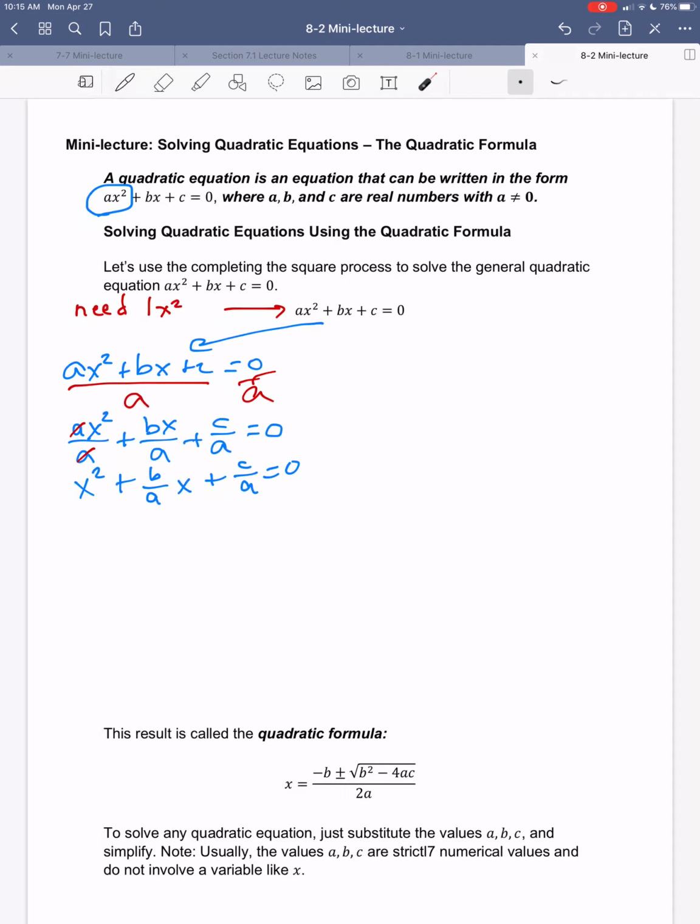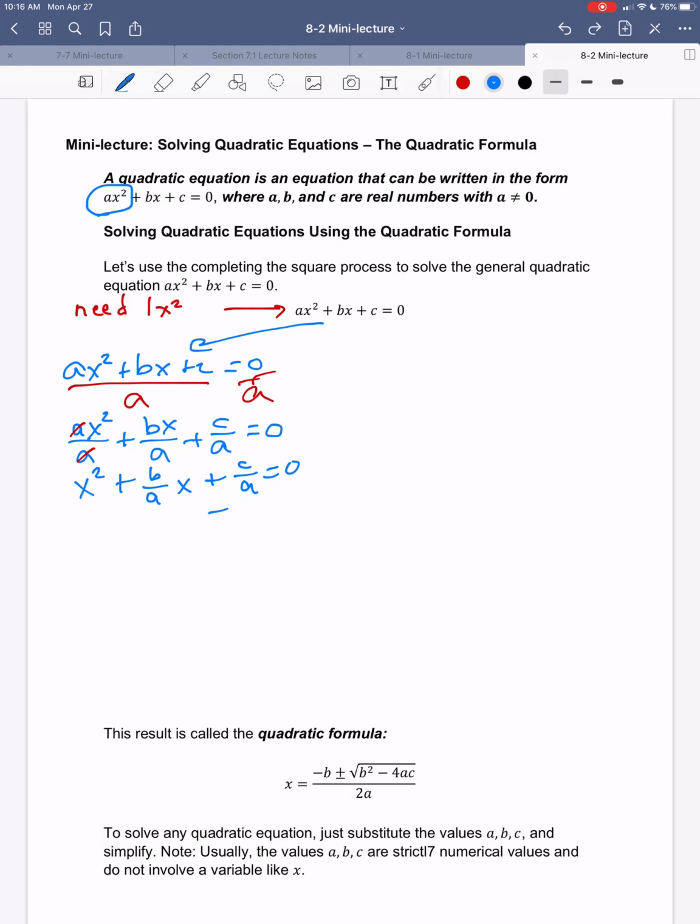So we've accomplished the first step of completing the square, which is to make sure that my quadratic term, the x squared, just has a coefficient of 1. The other thing then I want is I want all my stuff with x on one side and then a constant on the other. This doesn't have an x, so this is a constant, so I need to move that to the other side. So I'm going to subtract c over a.